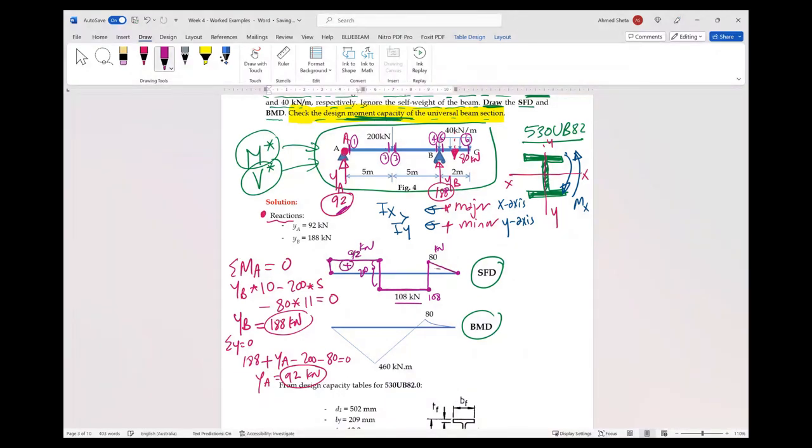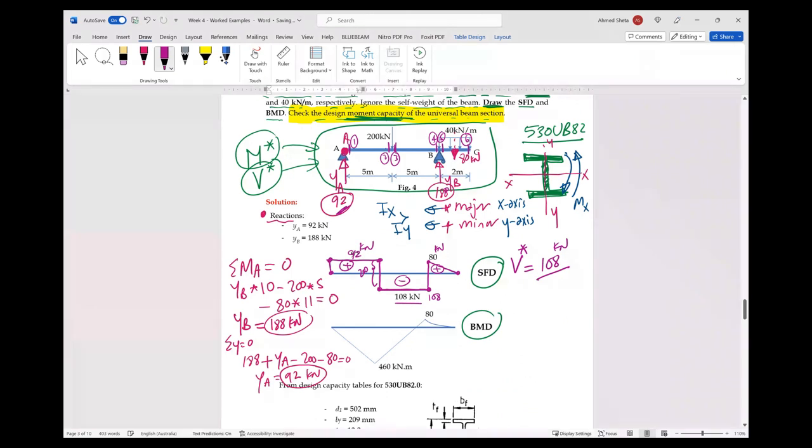This is positive, and this is negative. So this is the shear force diagram. What is the maximum design shear, or the applied shear here? If we want to design this beam, which shear will we use? 108, the maximum, which is 108 kilonewton.